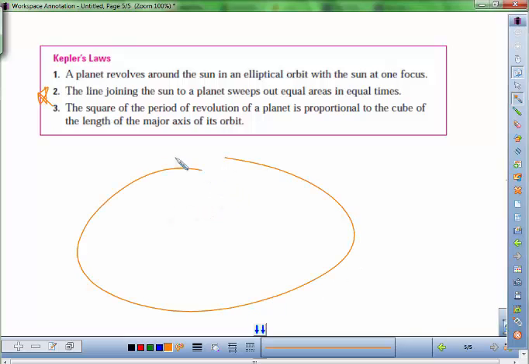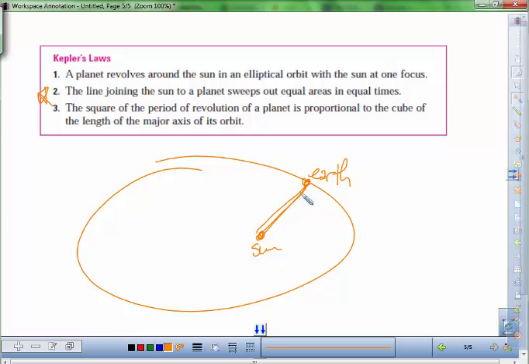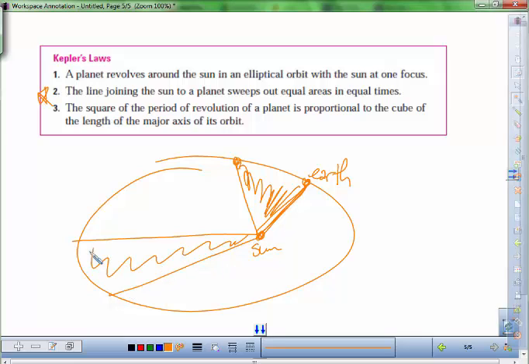So what this is saying is that if this is the sun and this is the Earth revolving around the sun, say in 2 months' time, the Earth would sweep out this much area. And then in another 2 months' time, the Earth will sweep out this area.